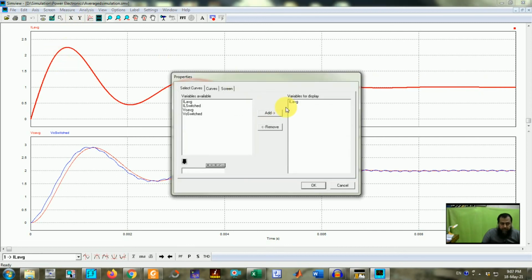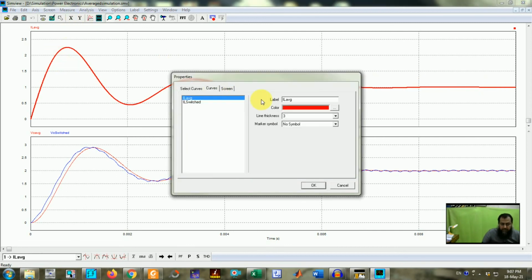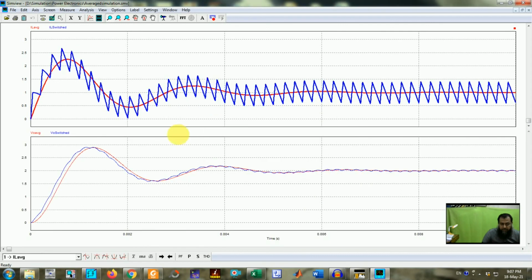This type of scheme is well known in power electronic circuits for its less computational burden, as I have explained earlier, and it gives us the same information.